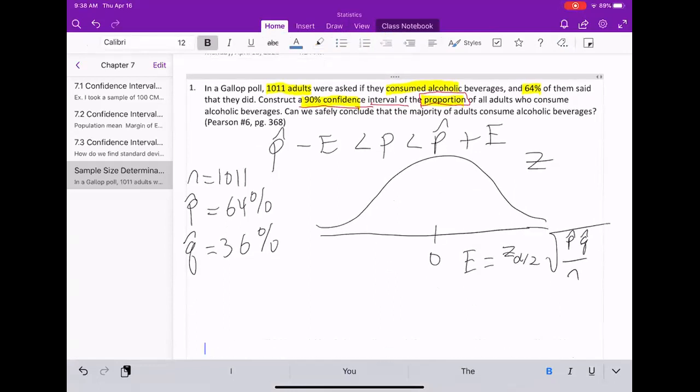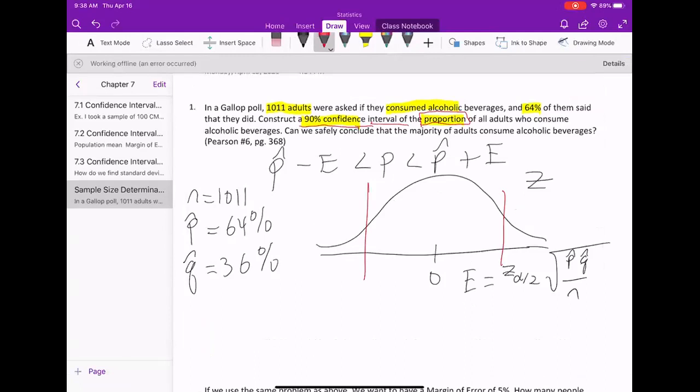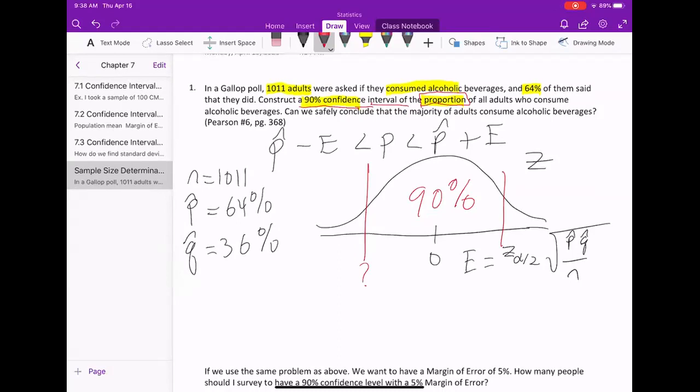So we have to find our critical value, right? So break up my distribution here. I'm doing a 90% confidence interval, so that goes here in the middle. And then I've got to find my Z alpha over 2, which is that guy and that guy, right? So what is my critical value?